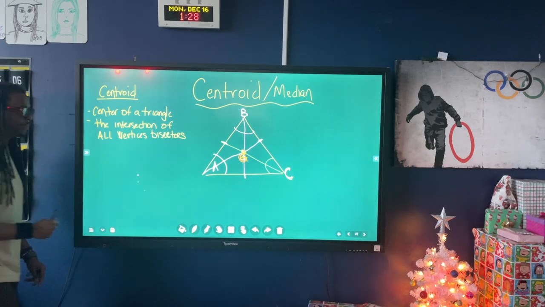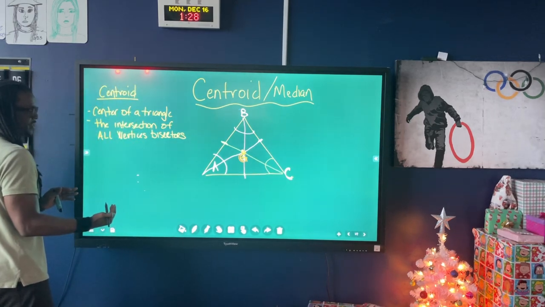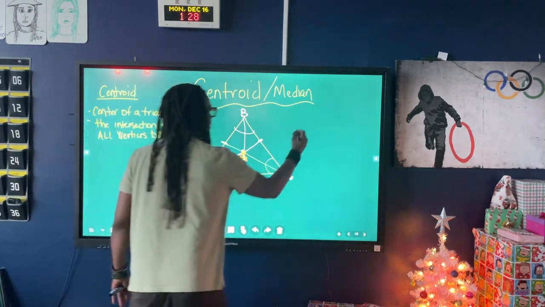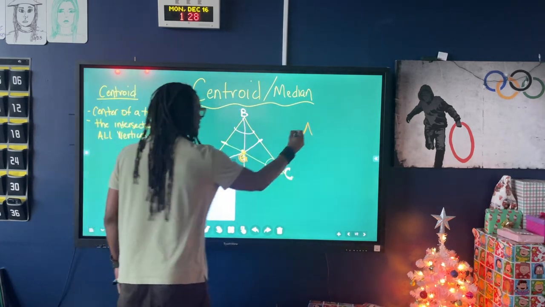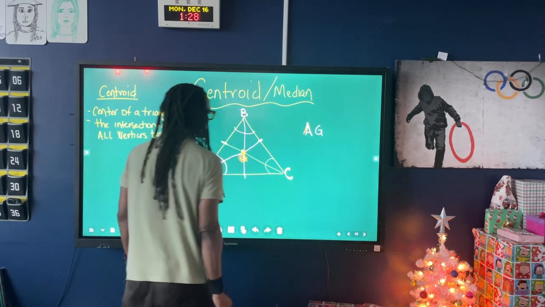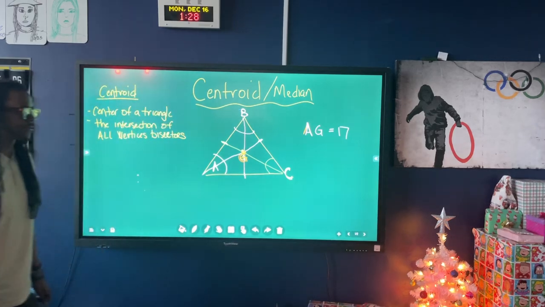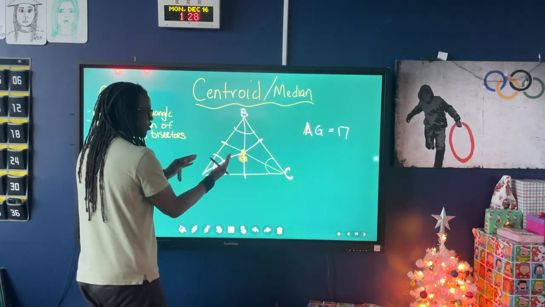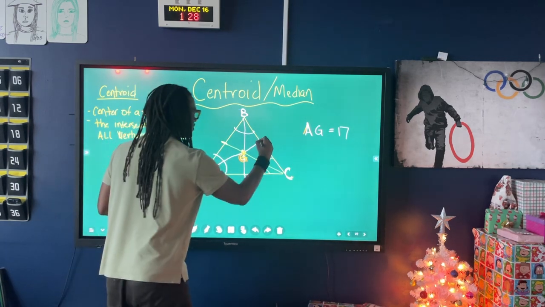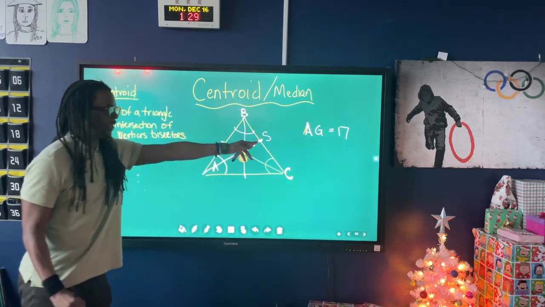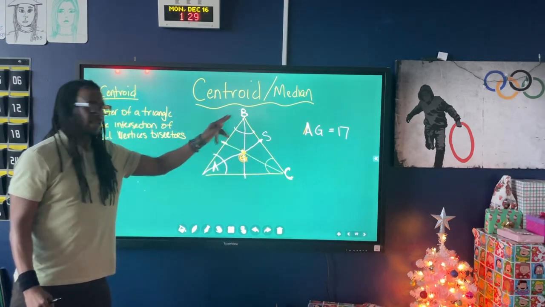All right. What they'll do is they'll give you this form. They'll say line segment AG equals 17. Then they'll include another point. They'll tell us that point S is the midpoint, or the median, of line segment BC.